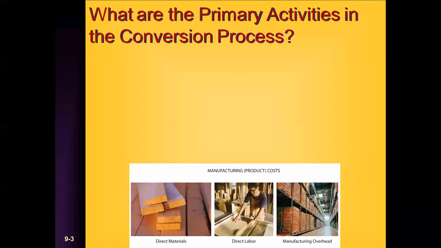You take those materials, you move them into the factory for assembly or finishing, and then once you've completed that, you move those out to the finished goods warehouse. And so the conversion process has a series of steps associated with it.